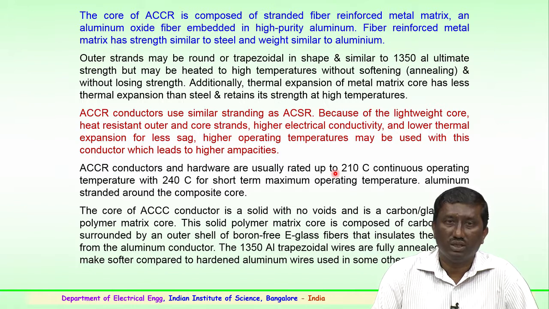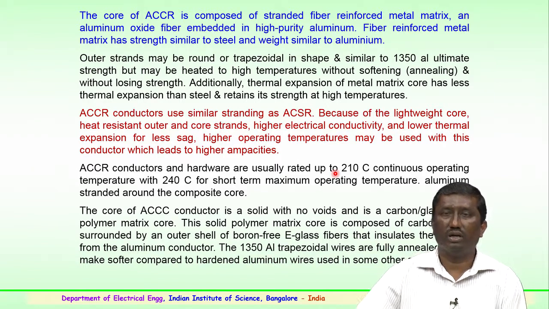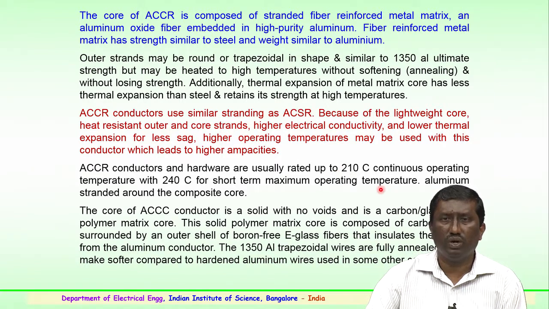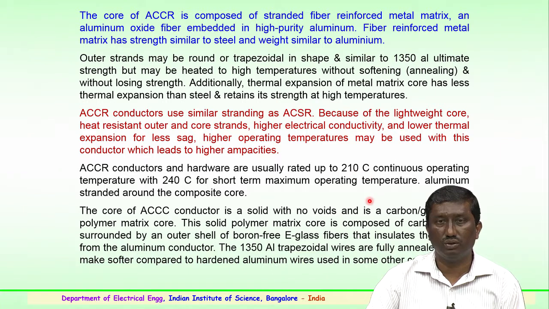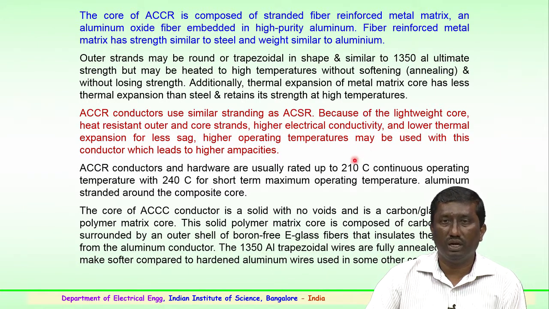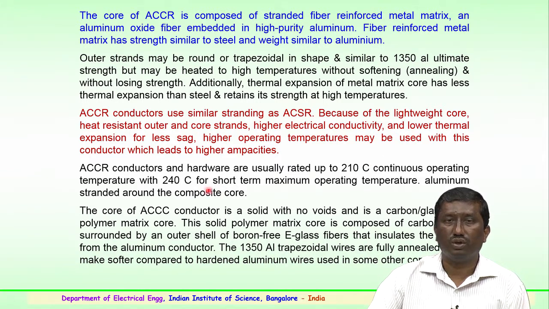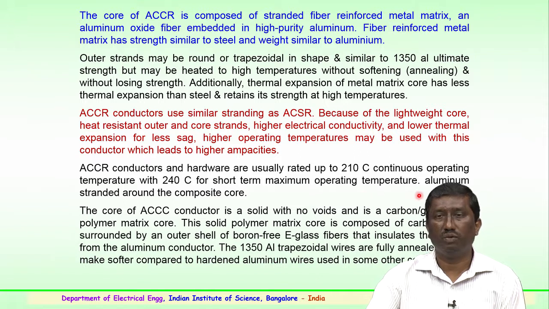So, very important. These conductors and hardware are usually rated, as mentioned earlier, up to 210 degrees centigrade. So, the operational temperature could be 210 degrees continuous operating up to 240 degrees for short term maximum operating temperature.